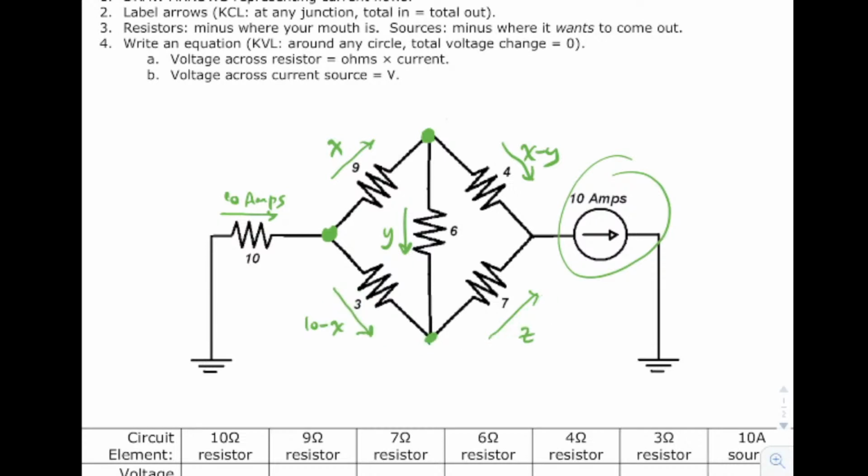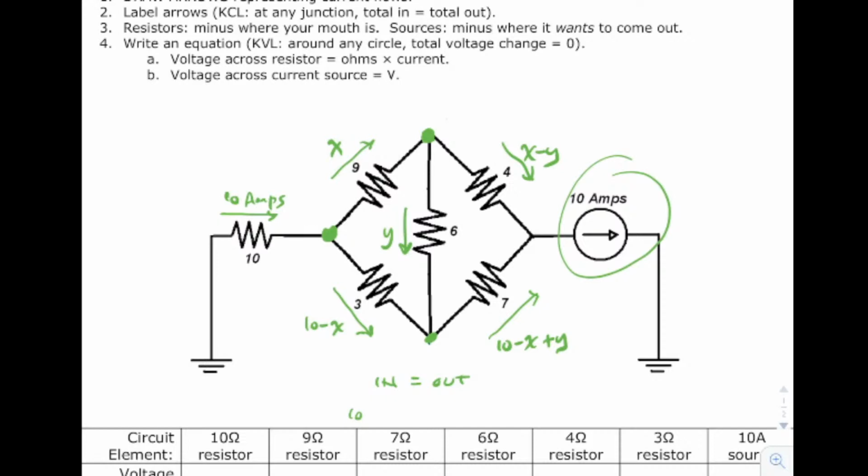What's coming in here is 10 minus x, and then the y is coming in. And that's got to be equal to what goes out. So going through the 7 ohm resistor, 10 minus x plus y. Now if you'd rather do a formal in equals out analysis, be my guest. 10 minus x comes in, y also comes in, out goes z. This used to be called z. So you notice that z is indeed 10 minus x plus y.